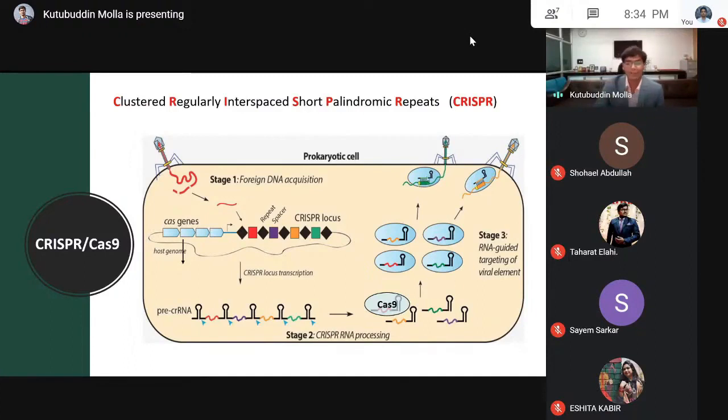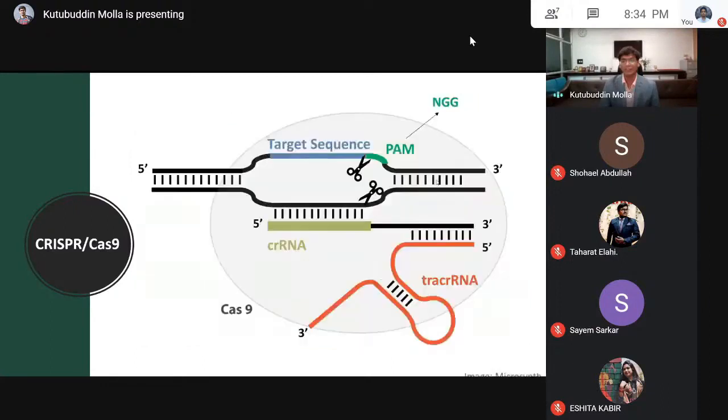Whenever it finds similarities, the Cas9 makes a cut in the viral DNA. So the viral DNA would no longer be able to damage the bacterial cell. So this is the CRISPR-Cas9 immune system in a nutshell. Now, if you see this slide in detail, you will understand.